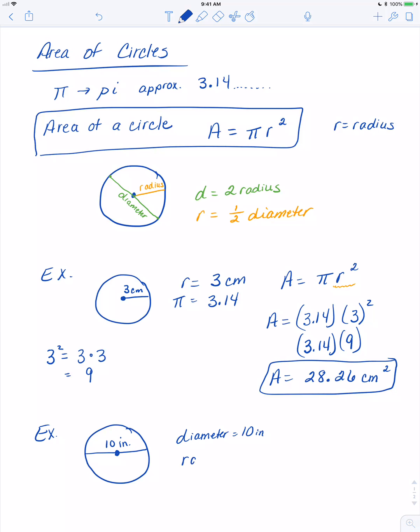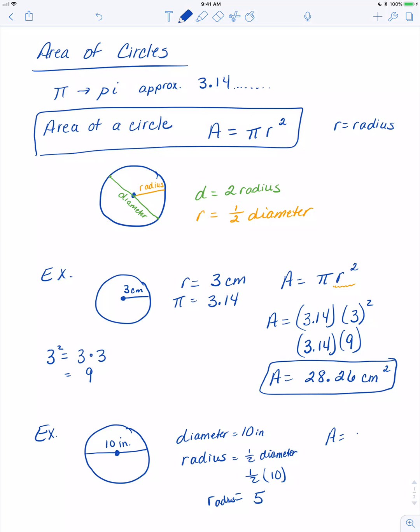But we want to know what is the radius. Well, remember, radius is 1/2 of that diameter. So 1/2 of 10 would be 5. So our radius is 5. And that's the number that we want to use when we are calculating the area.